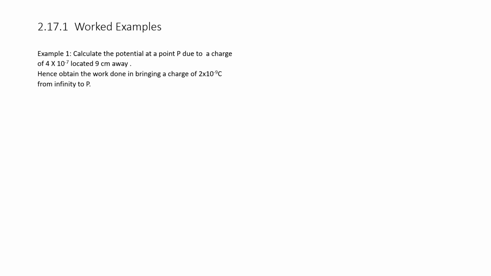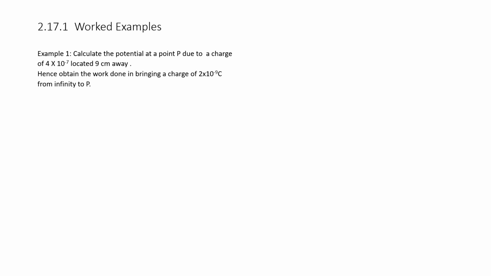Example 1. Calculate the potential at point P due to a charge of 4 times 10 to the power of minus 7 coulomb located 9 centimeters away. Hence, obtain the work done in bringing a charge of 2 times 10 to the power of minus 9 coulomb from infinity to P. This is the example for calculating the potential and the work done.